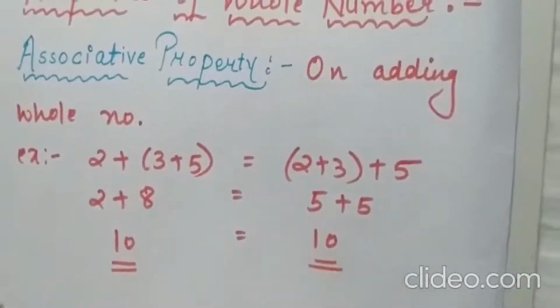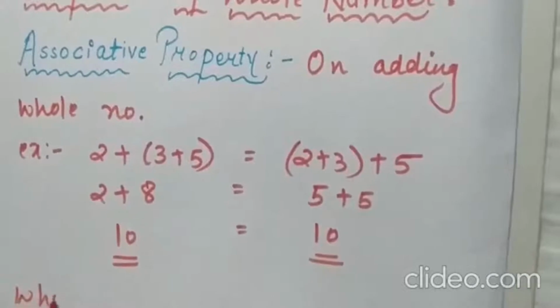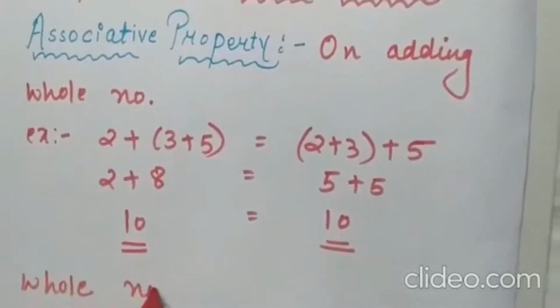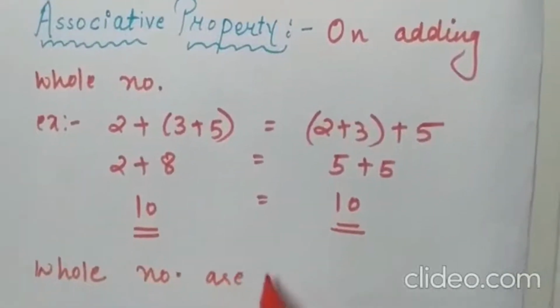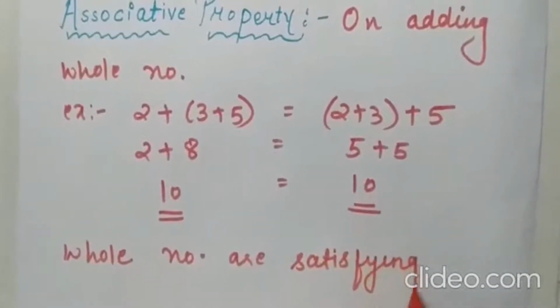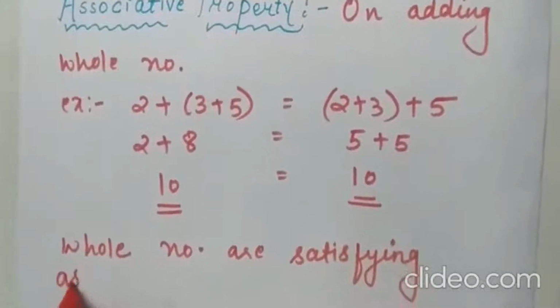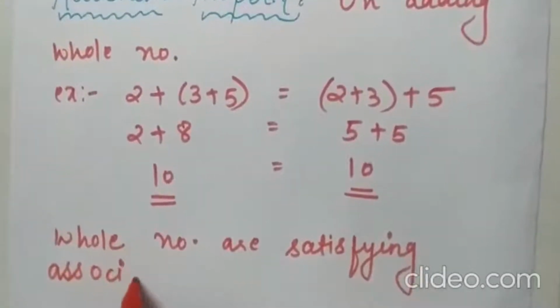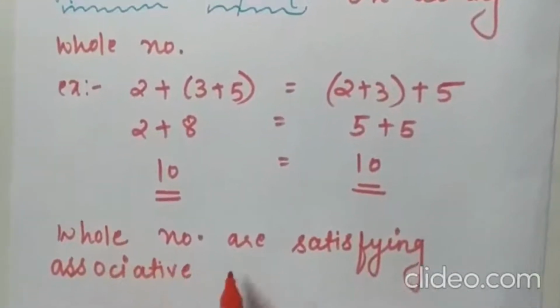So we can say that whole numbers are associative, whole numbers satisfy the associative property. Means if we change the grouping of the numbers, my result will not change.